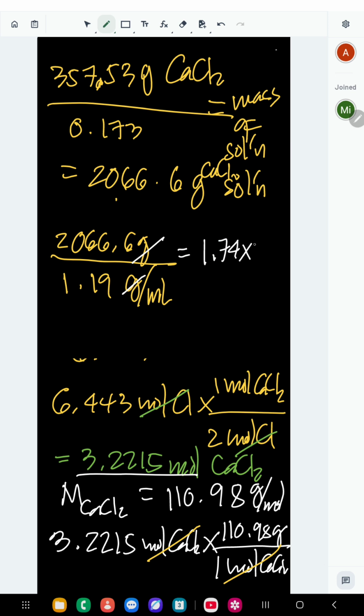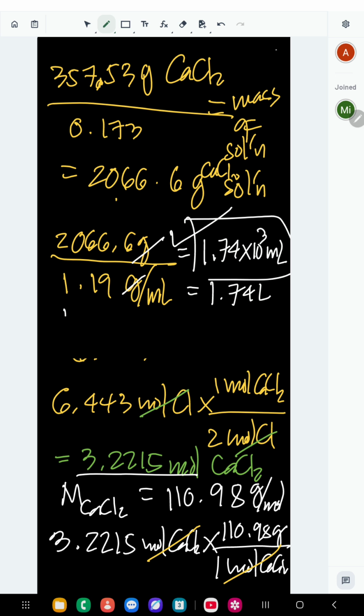1.74 times 10 cubed milliliters, right? Or we divide that by 1000, that is 1.74 liters. But we are only asked in milliliters. So the answer should be 1.74 times 10 cubed, because we write this in scientific notation.